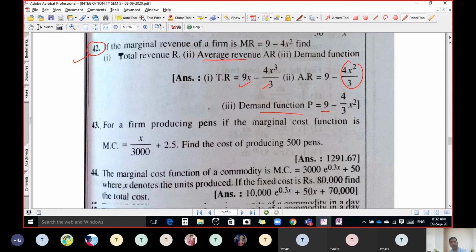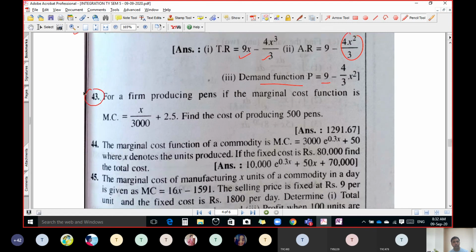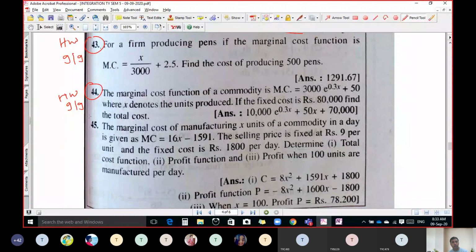So this is enough for today. You will try this question as homework. This is a very good example. Just try it. If you don't get the answer, this is a very important question. Question 44. We require one more lecture to complete this chapter.